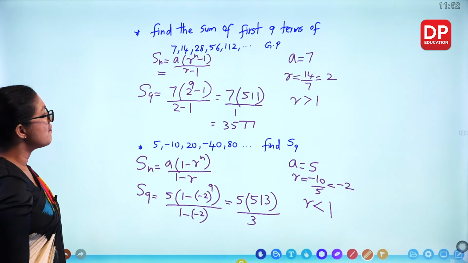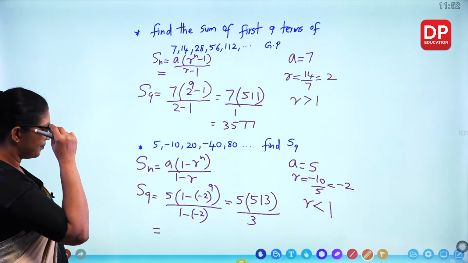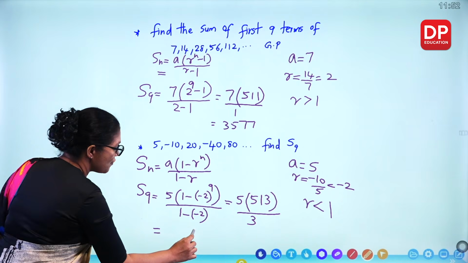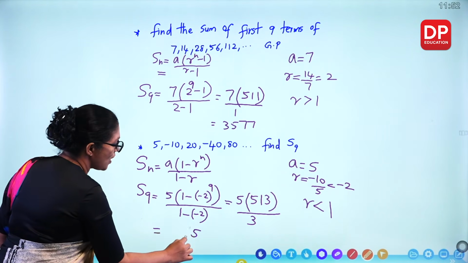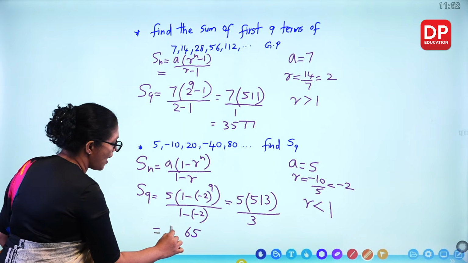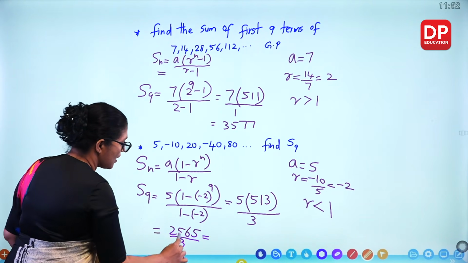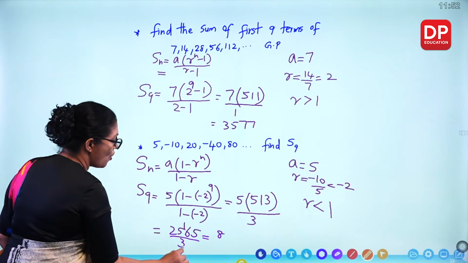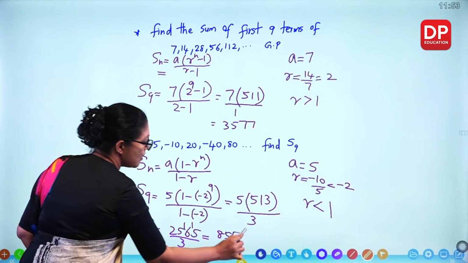Now when you simplify, multiply by 5: 5 times 3, 15, 1 remaining, 5 times 1, 5 plus 1, 6, 5 times 5, 25, divide by 3. 3 times 8, 24, 3 times 5, 15, again 5.